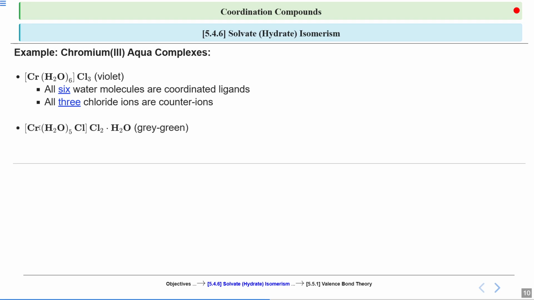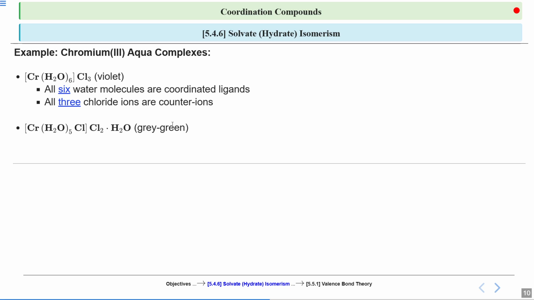Second, [Cr(H2O)5Cl]Cl2·H2O. Now this is another complex which is a solvate isomer of the first complex of violet color. This second formula of the complex shows a gray-green color.